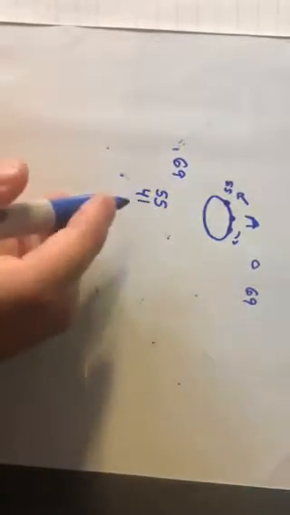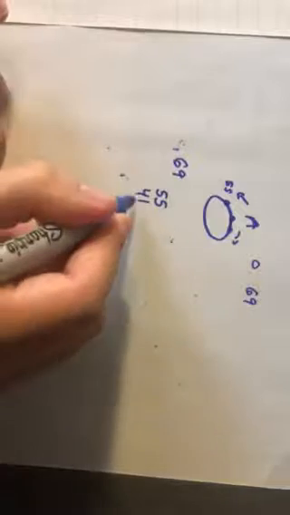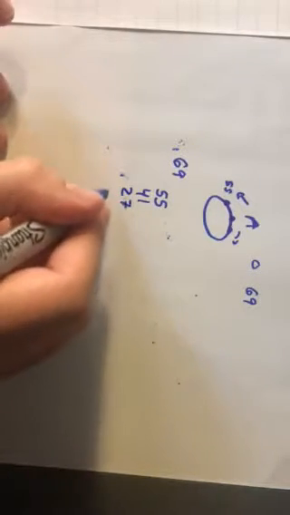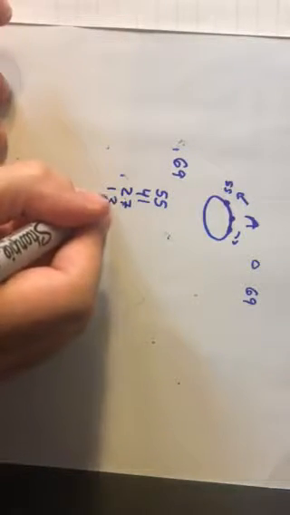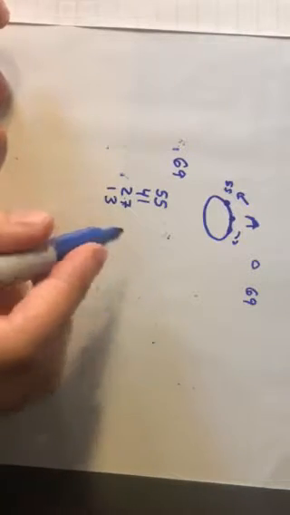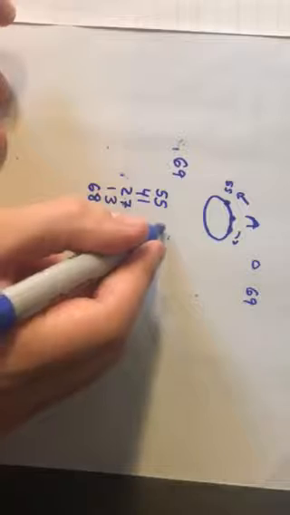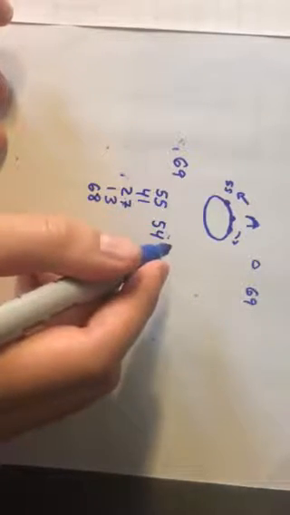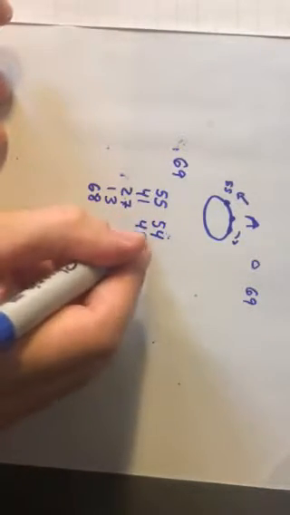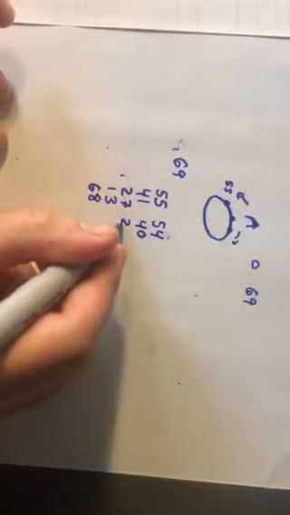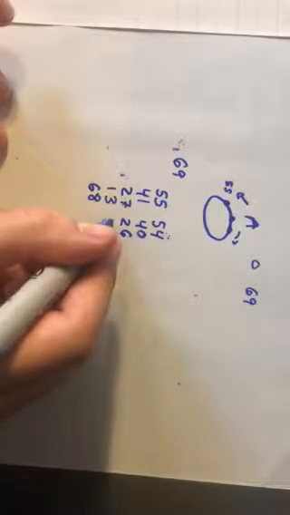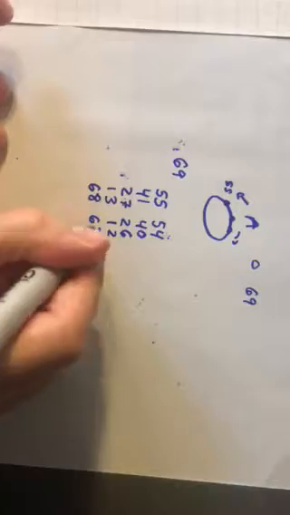It gives you 41. If you keep doing that, the next time he'll be at 27, then 13, then 68, then 54, and 40, and 26. You're subtracting 14 each time.